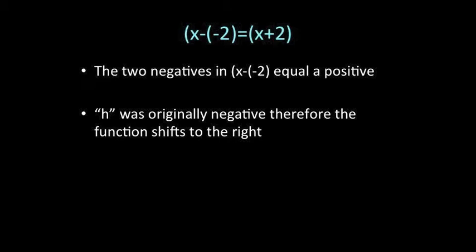For this unit, you will have to remember the integer rules, and you know that two negatives equal a positive. So you can see in this equation that you are given, it has two negatives, therefore it turns into a positive. Where h was originally negative, therefore the function shifts to the right.